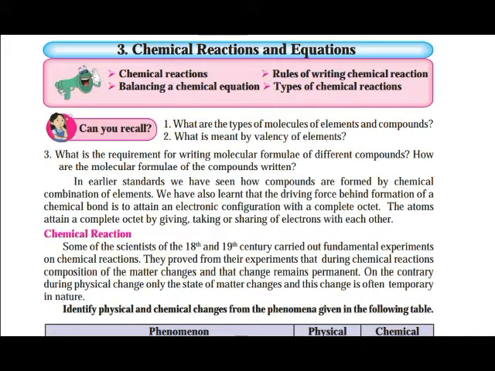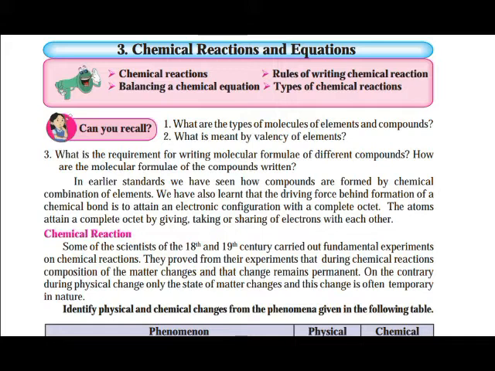On the contrary, during physical change, only the state of matter changes, and this change is often temporary in nature. What happens in physical changes? The state of matter changes, meaning when we give heat to water, steam is formed. Again, if we cool steam, we will get water again.